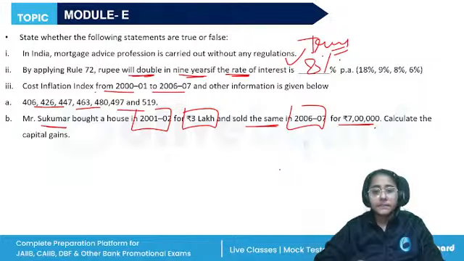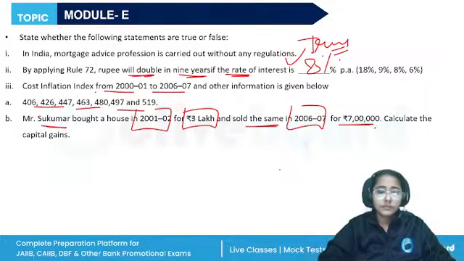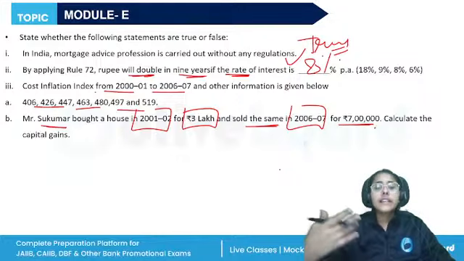Try to calculate. So, how do we calculate the capital gains?